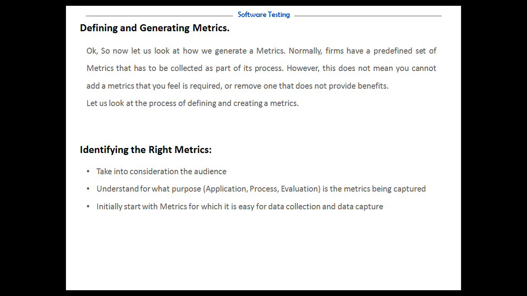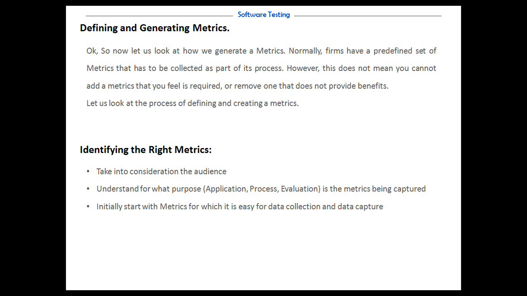However, if you decipher it in a way saying that there is a potential of loss of time as well as performance degradation because of some errors, people will start understanding the impact of it. So taking your audience into consideration is very much required when you decipher the metric and put it across.